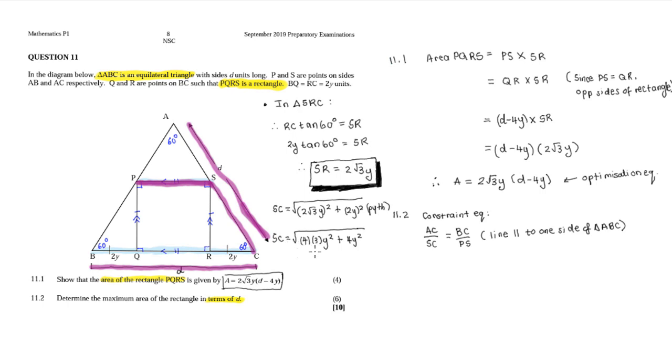Now you can see we have a common factor of 4. So SC is equal to the square root of 4 into 3y squared. Let's take out that y squared as well as a common factor, so 4y squared into 3 plus 1.